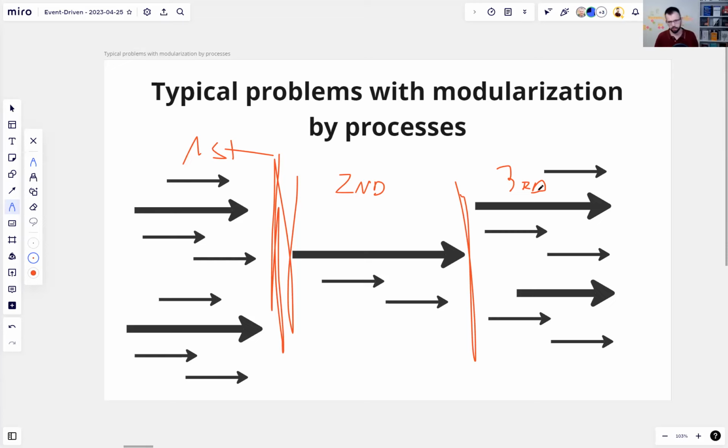But unfortunately, it doesn't work like that in actual computer systems. And why is that? Because to be able to fulfill the business logic inside of the processes, to cover some cases, we need to get the data from different parts, from different processes.